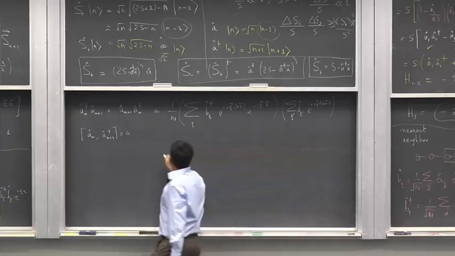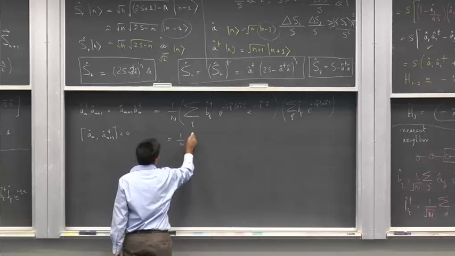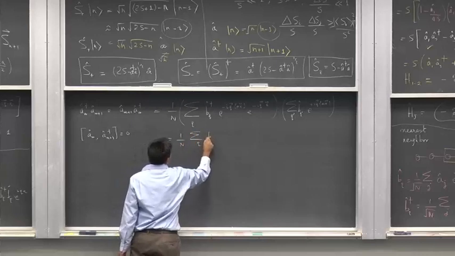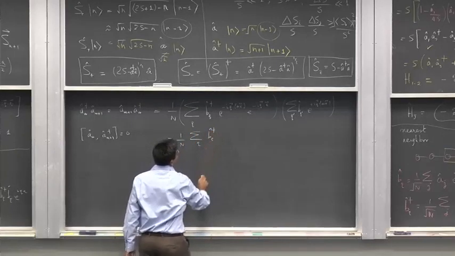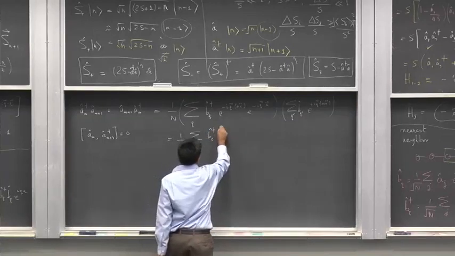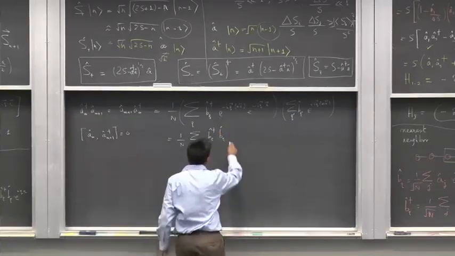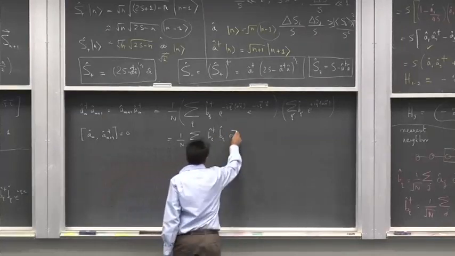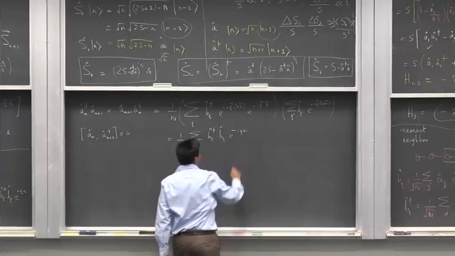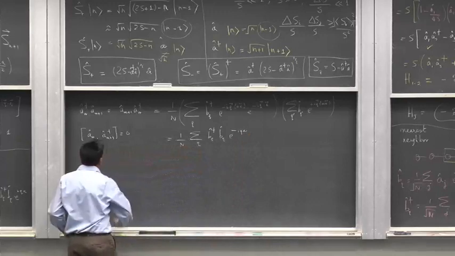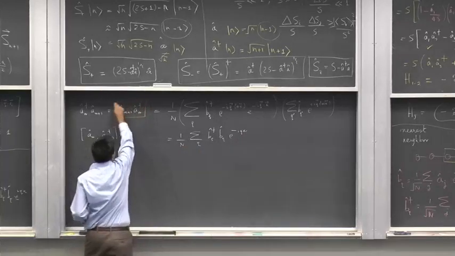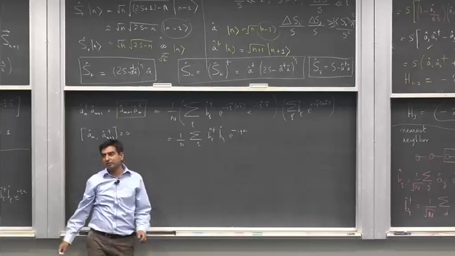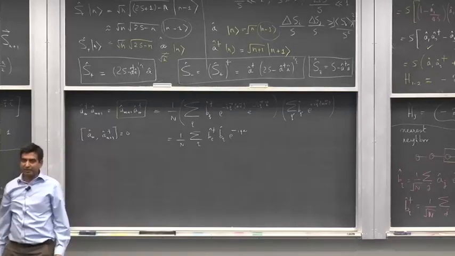Once again I do the summation over q, bq dagger, bq. Now I'm left with e to the minus iqa. So now I have all three terms inside the Hamiltonian expressed in terms of the Fourier transform operators.